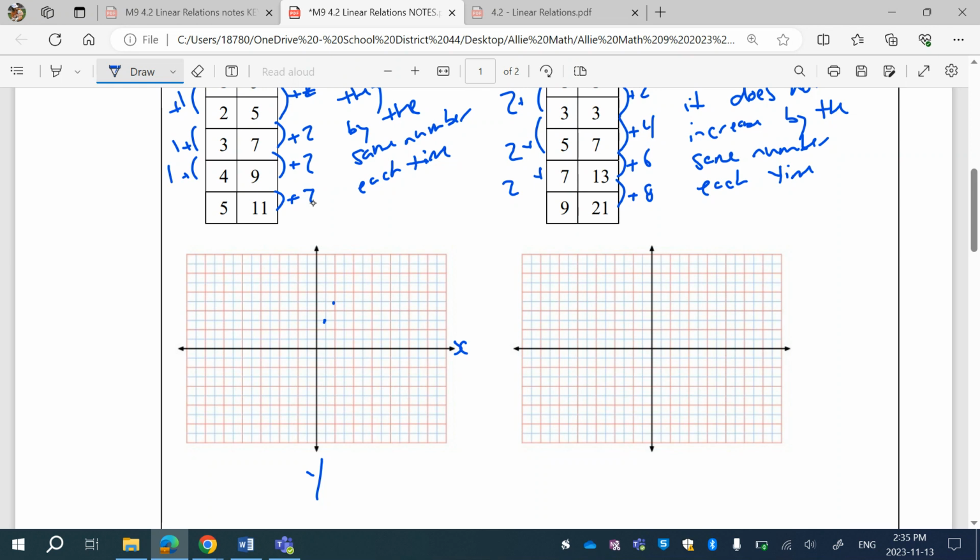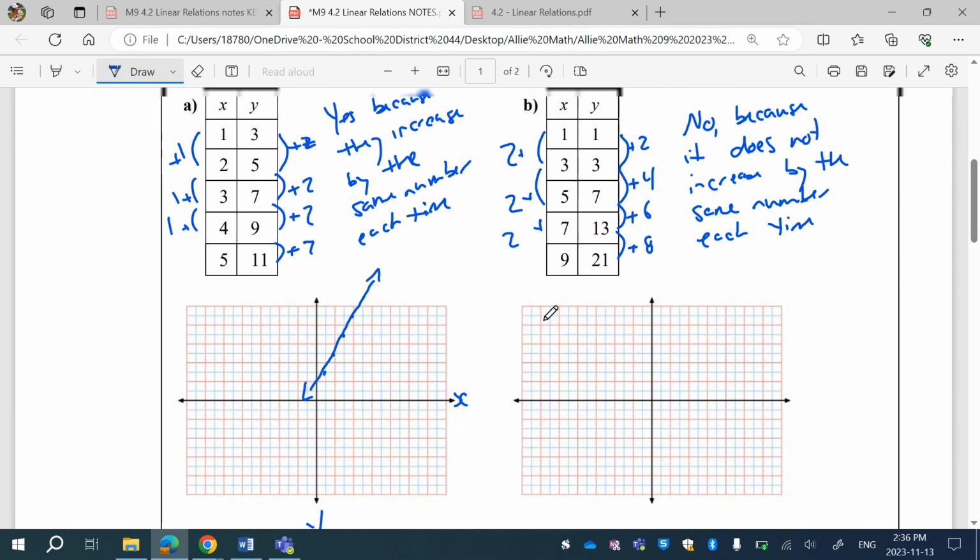When x is at 4, y is at 9. And when x is at 5, y is at 11, which is just 1 above there. So you can see it makes a straight line and would go on that way forever and down that way forever.